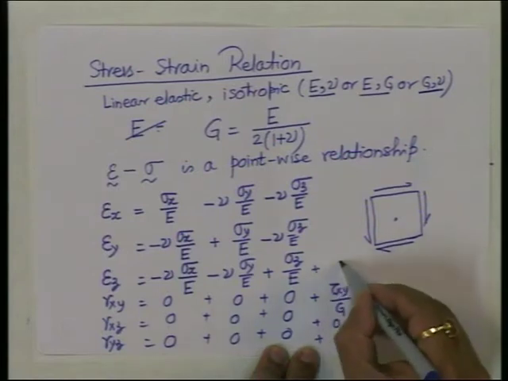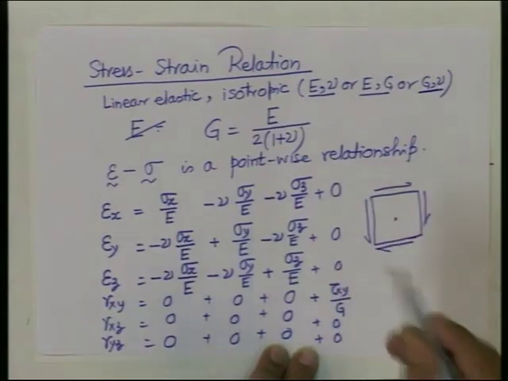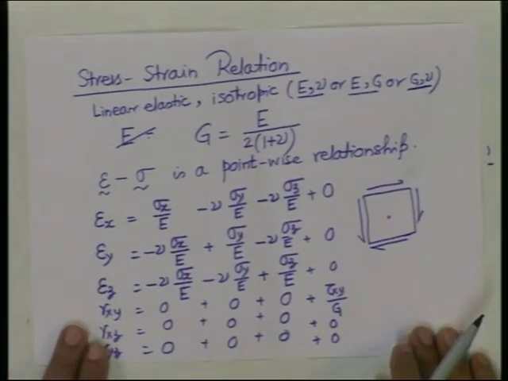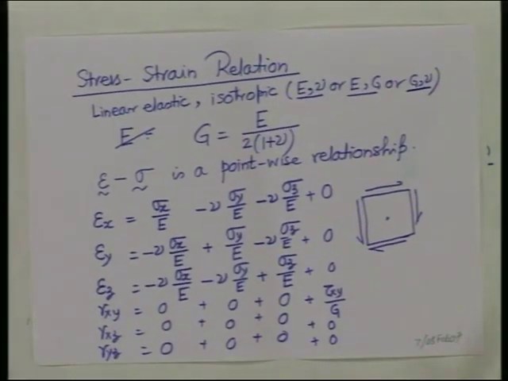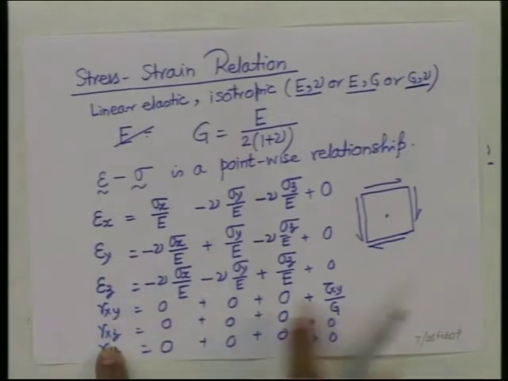A shear stress produces only the corresponding shear strain if the material is isotropic. If it is not, then it is a different matter.